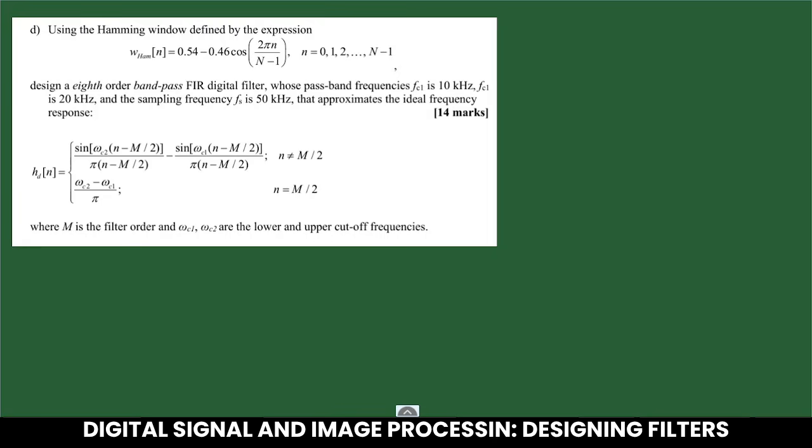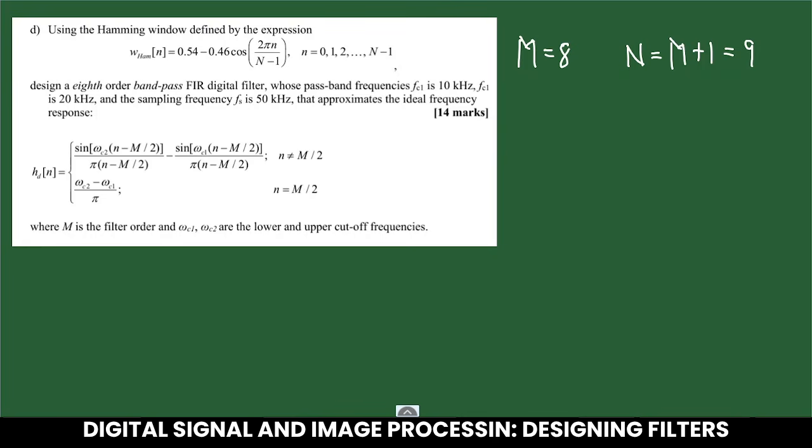Alright, so let's first write down our parameters, the data given in the question. So we have the order of the filter to be 8, represented as M. And then the number of coefficients we'll be having is equal to M plus 1. So that's 8 plus 1, which means that we should be having 9 coefficients.